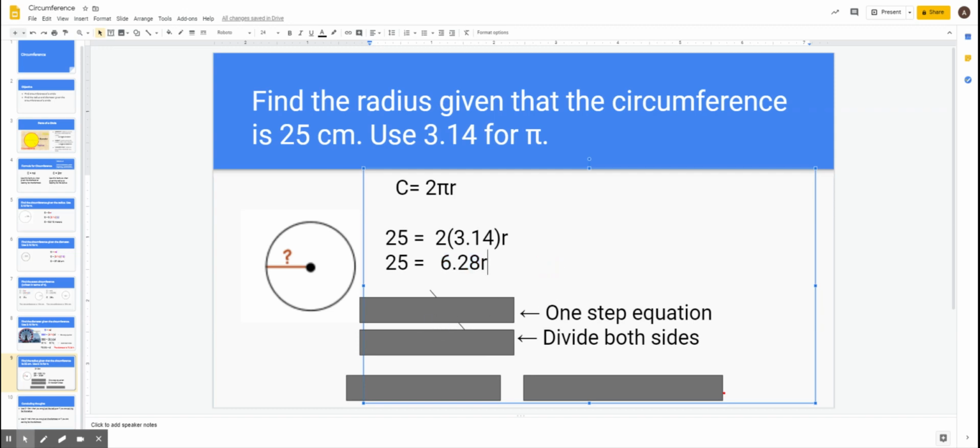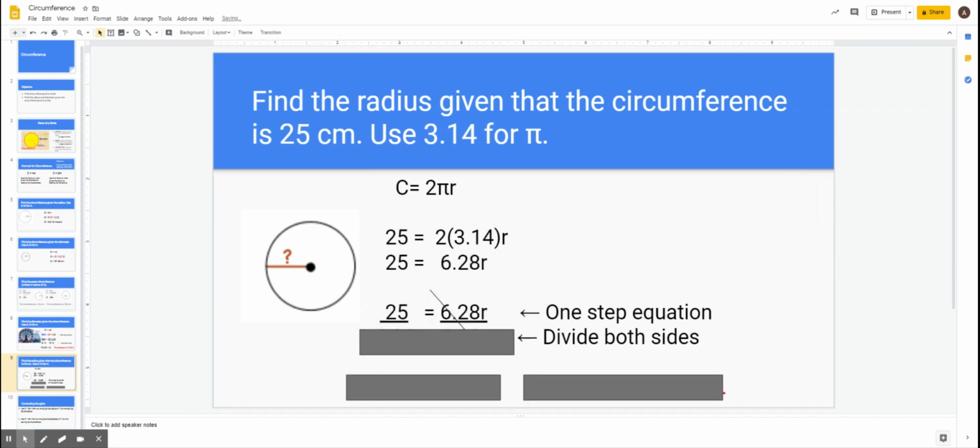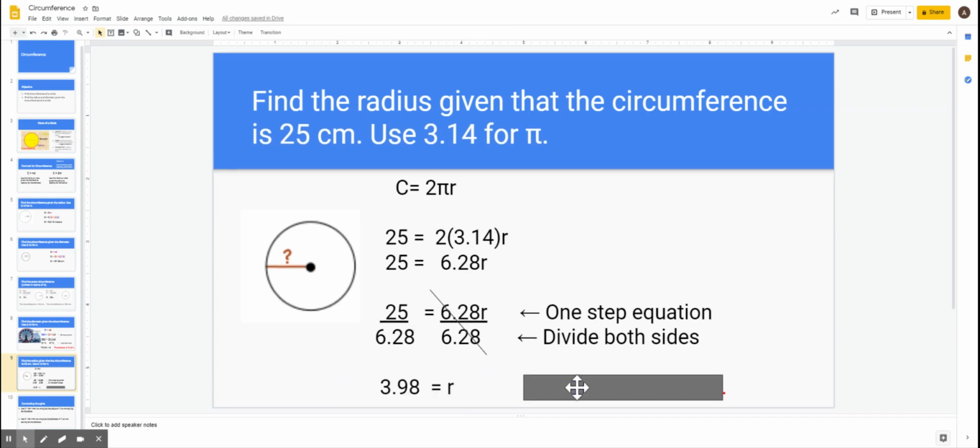So 25 equals 6.28 r. And this is now a one-step equation, which we can start solving for. So you divide both sides by 6.28. That cancels out the 6.28, and you are left with 3.98 is the radius. So 3.98 centimeters is your radius.